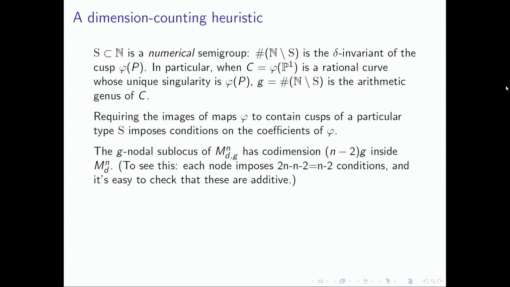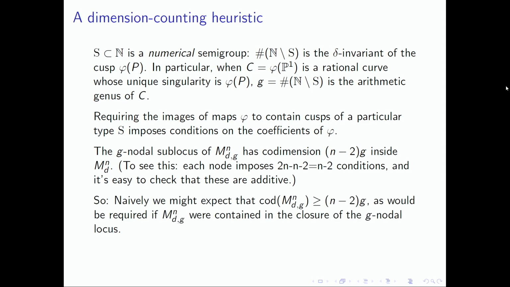So you have 2n conditions. You cut down by n conditions corresponding to moving the choice of the support in the target, and an additional 2 conditions corresponding to the preimages of the node. And that means that each node imposes n minus 2 conditions on maps of degree d. And it's also not hard to show that the conditions imposed by individual nodes are additive. So in total, we get (n minus 2) times g conditions.